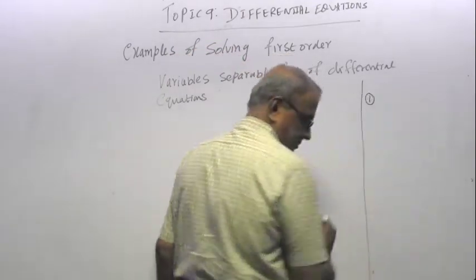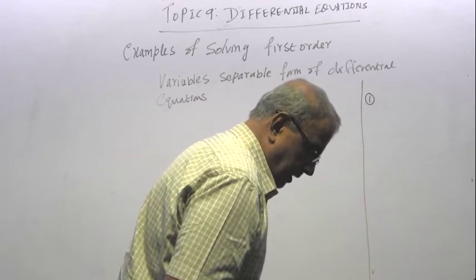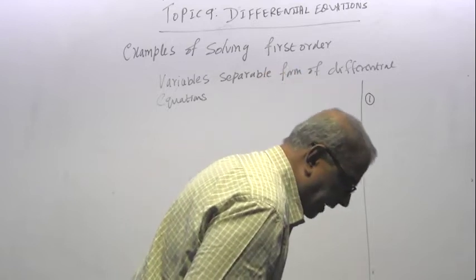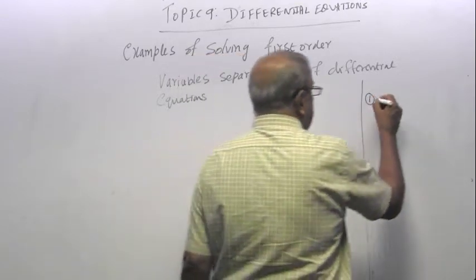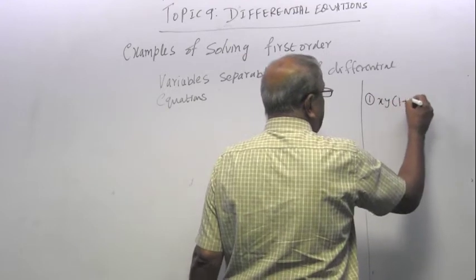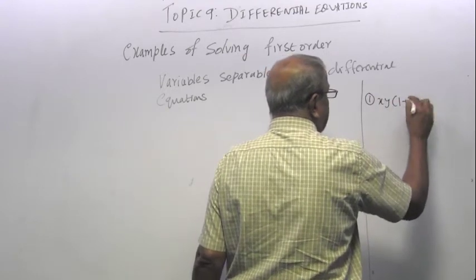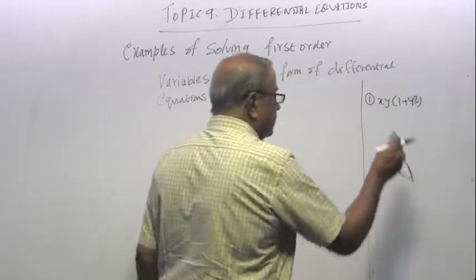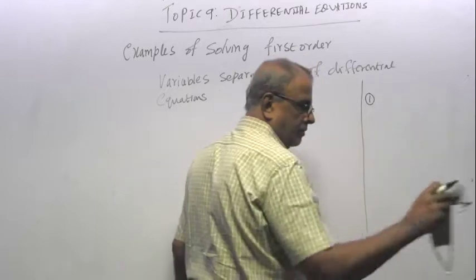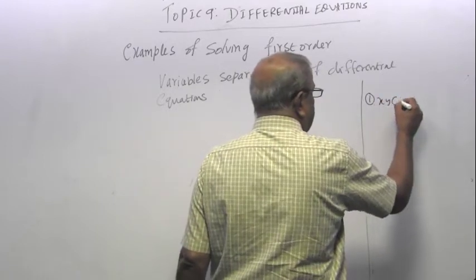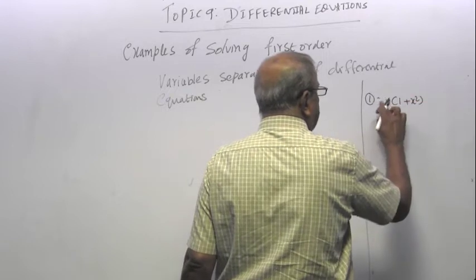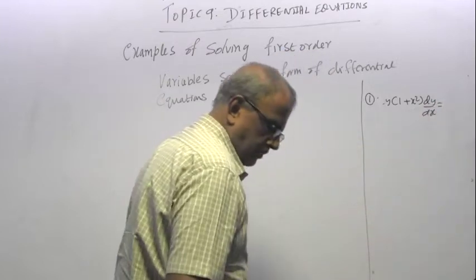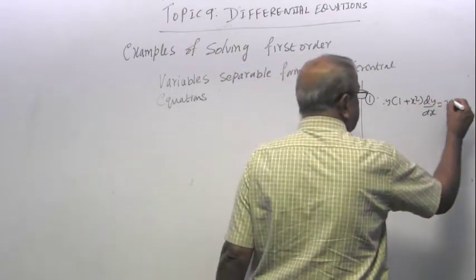So number one, y times 1 plus x squared dy by dx equal to x times 1 plus y squared.